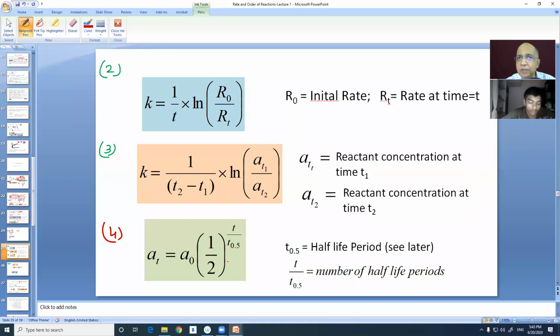If you have taken 5 molar to become 2.5, what is the time needed? If you have taken 1 molar to become 0.5 molar, what is the time? So the time required for the initial reactant concentration to reduce to half of its initial value is called the half-life period.